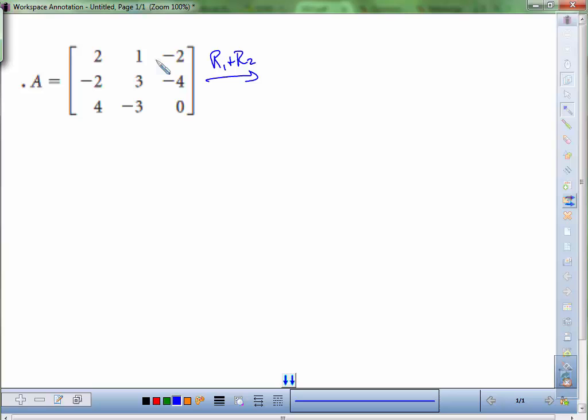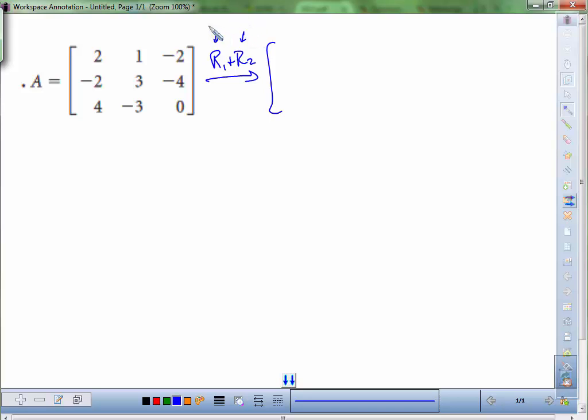Or I might have even written it backwards. So this is how I'm most comfortable with, so I'll do it like this. What does it imply? It implies that this is the row that doesn't change, and this is the row that will change. I don't know if that helps.